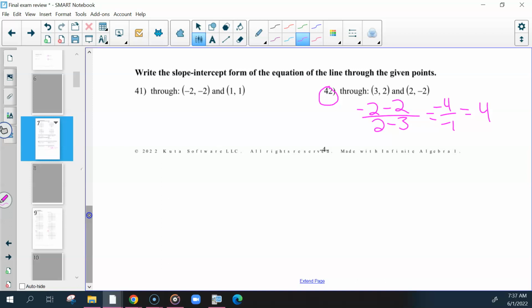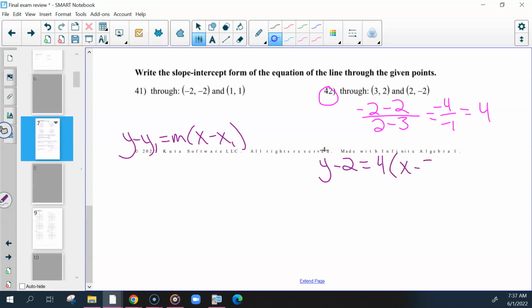Then once we have our slope, we need to find our actual equation. So using our point slope formula, I know we have this written already, I'm just going to rewrite it. Does not matter which order pair we use, we just have to choose one of them. I'm going to use the first one since everything is positive, so I wouldn't have to change anything. So this would be y minus 2 equals 4, and then in parentheses, x minus 3.